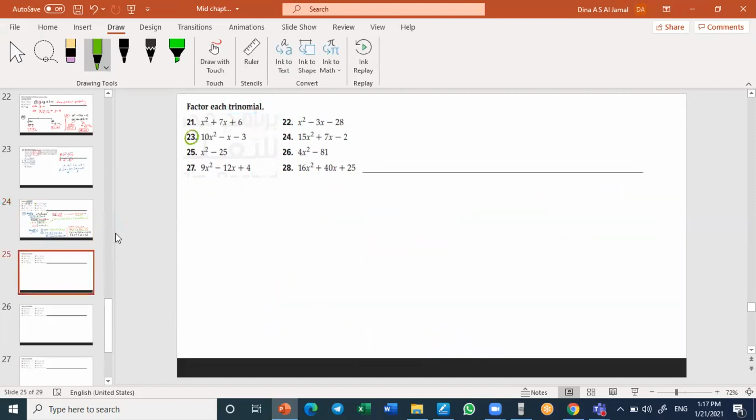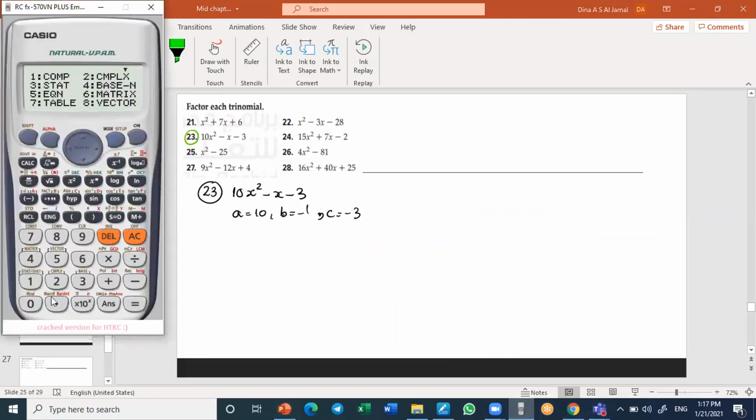I will solve it here. So 23, 10 x squared minus x minus 3. So your A is equal to 10, your B is equal to minus 1, your C is equal to minus 3. Now focus with me. You need to go to your calculator directly. Mod 1 if you would like to exit the previous question. Now mod 5, 3.